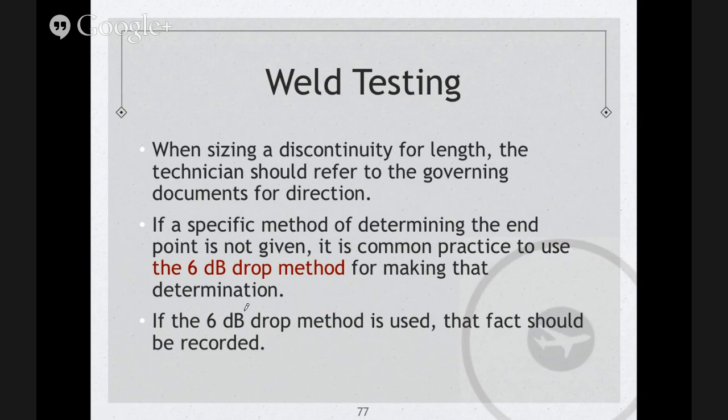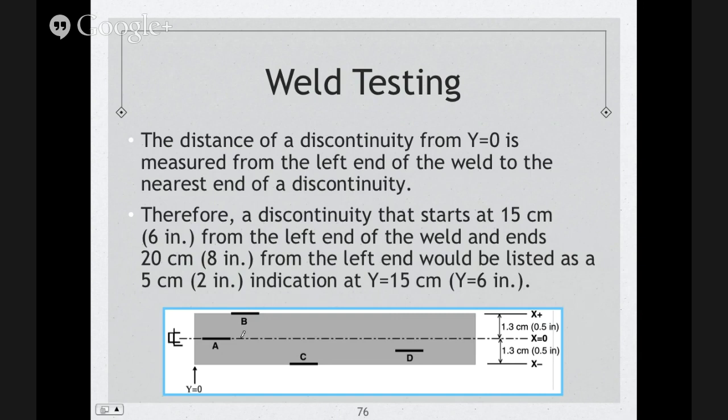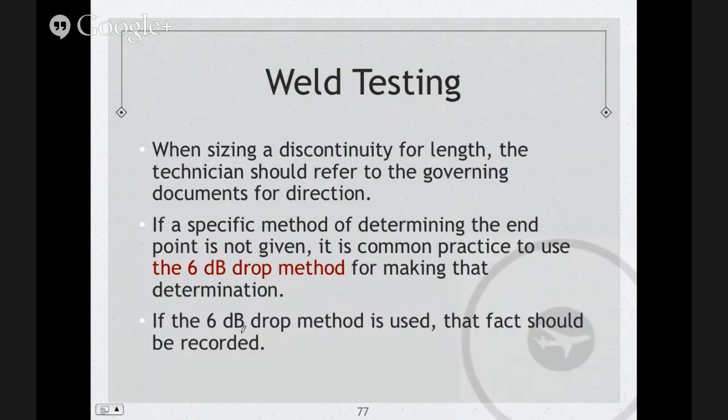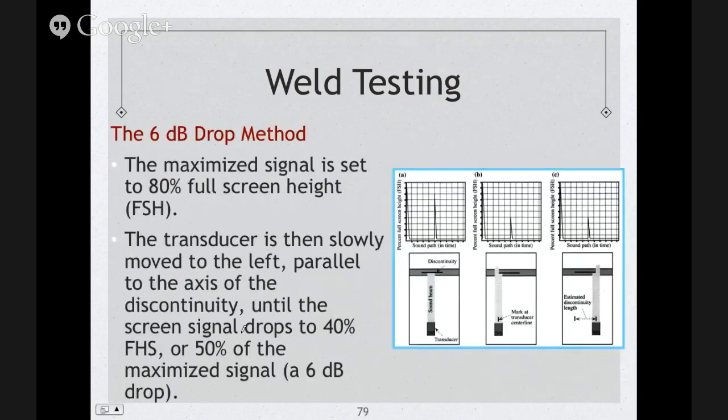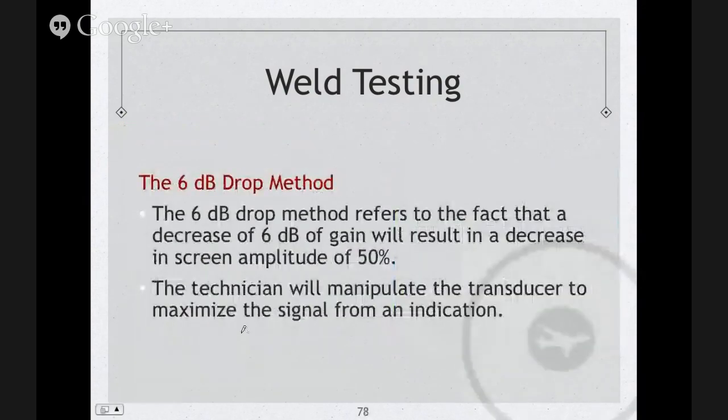So we use the 6 dB drop method to mark where the discontinuity starts to where it ends, and we're going to say how it works in a minute. If the 6 dB drop method is used, that fact should be recorded. So you want to let them know that that's how you recorded your indication.